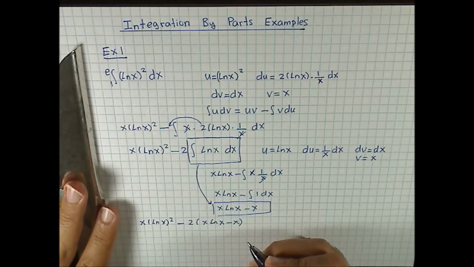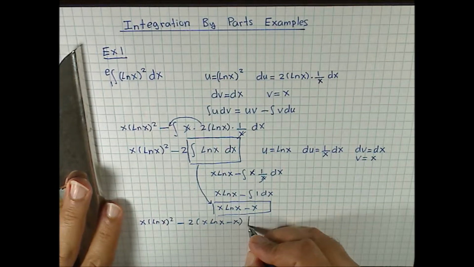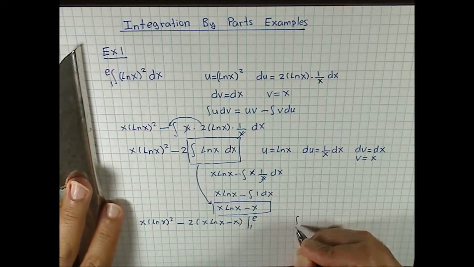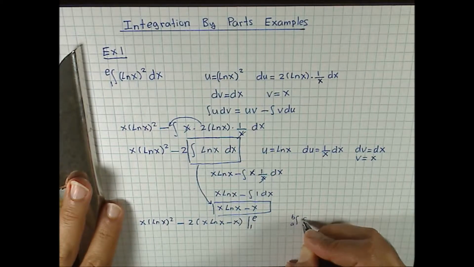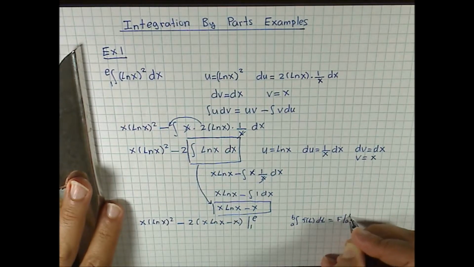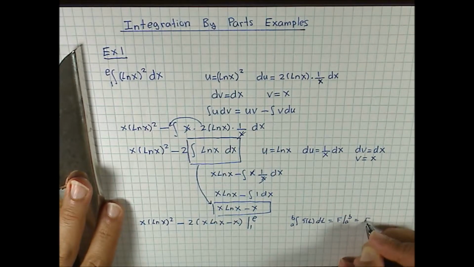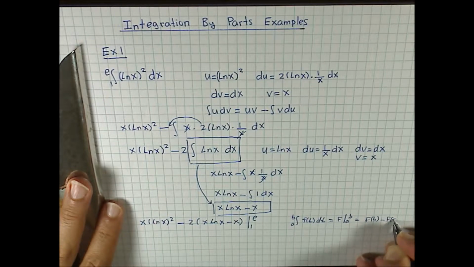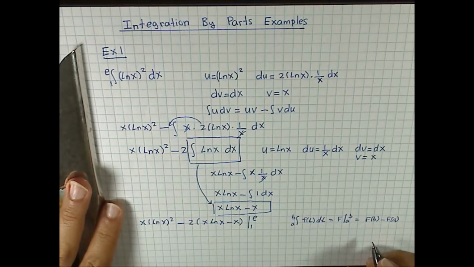And now let's evaluate it from 1 to e. Applying the fundamental theorem of calculus, the integral from a to b of f of t dt is equal to F evaluated from a to b, which is equal to F of b minus F of a. Alright, let's put e in.